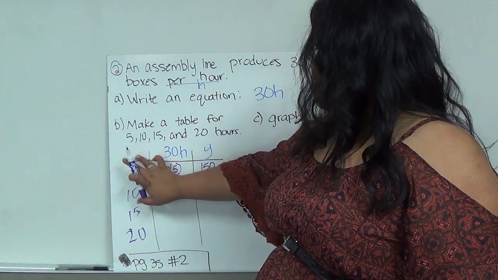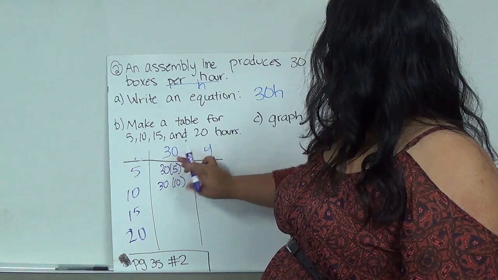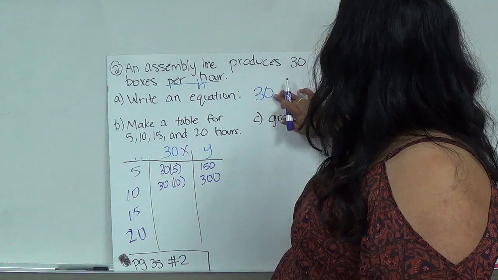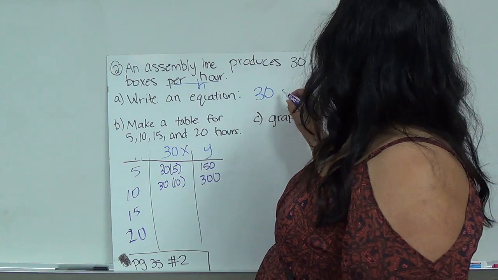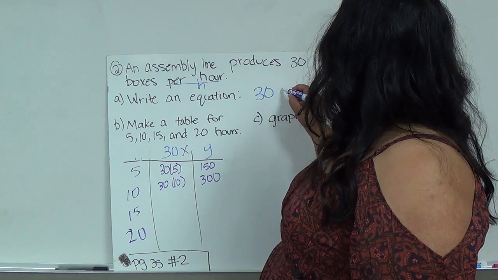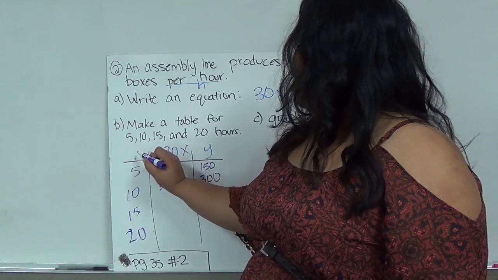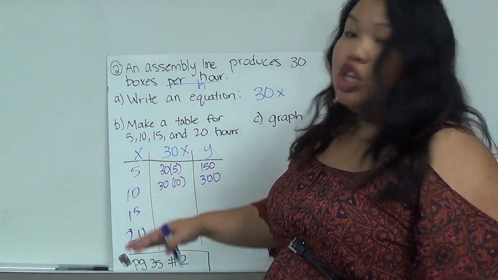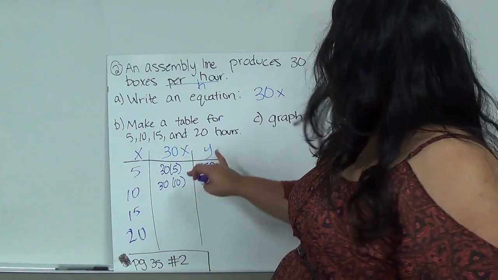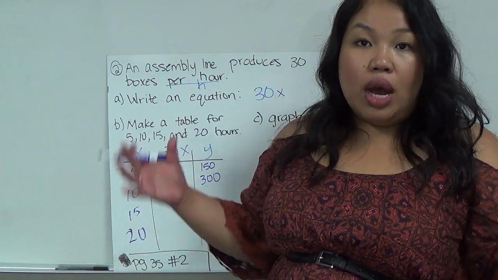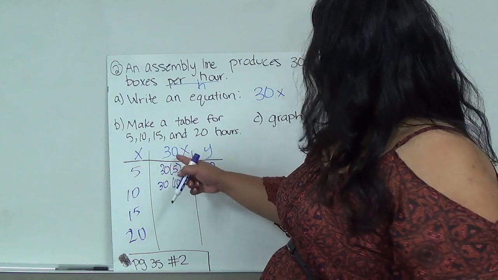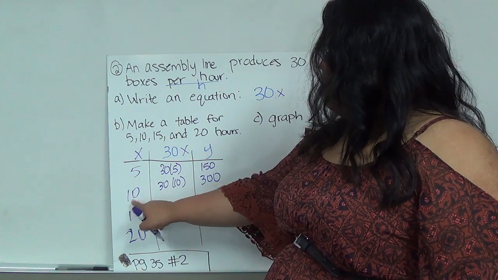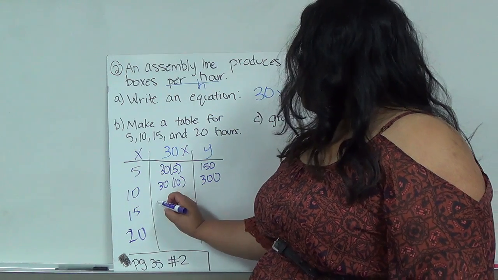That's confusing, so let's just label this x so that you don't get confused, because essentially x and y can be any letter. But I'm just going to keep it as x, as you should. So every unknown is x, and this is the number that you input. And then y is what happens when you work it out, which is when we multiply it out in this case. So 10 hours gives me 300 boxes.